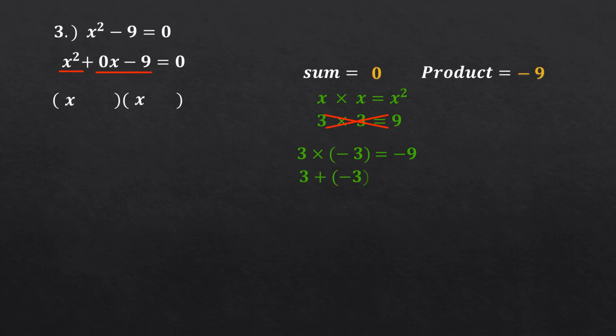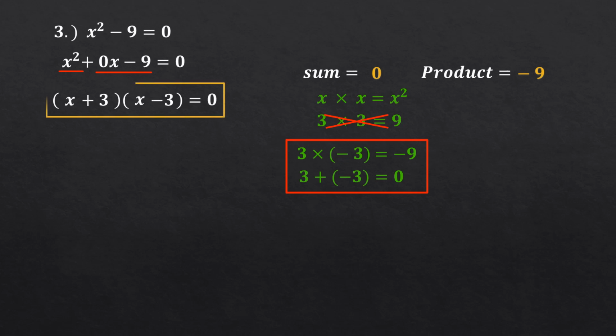And when we add positive 3 plus negative 3, it is equal to 0, because positive plus negative ends up as subtraction. Therefore, 3 minus 3 is equal to 0. So positive 3 and negative 3 satisfy the sum and product of the two numbers. So the missing numbers are positive 3 and negative 3. Therefore, the factor of the given quadratic equation is x plus 3 times x minus 3 is equal to 0.